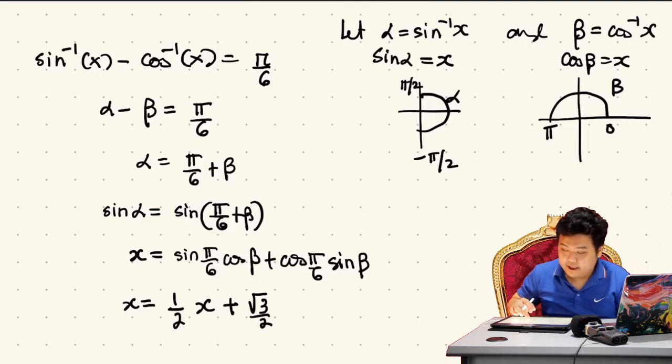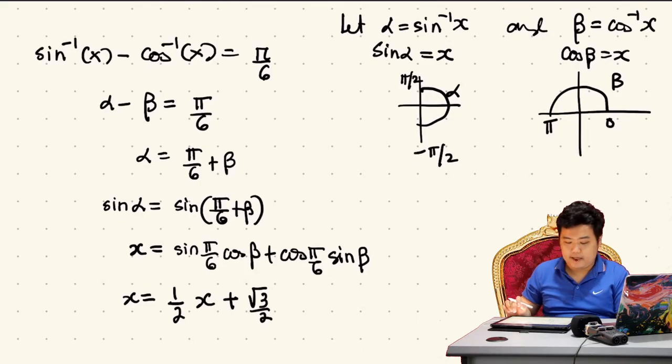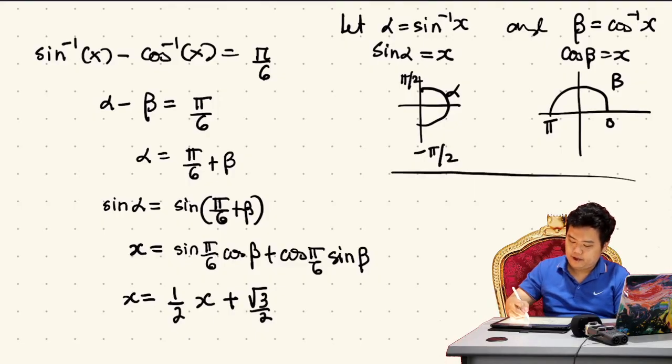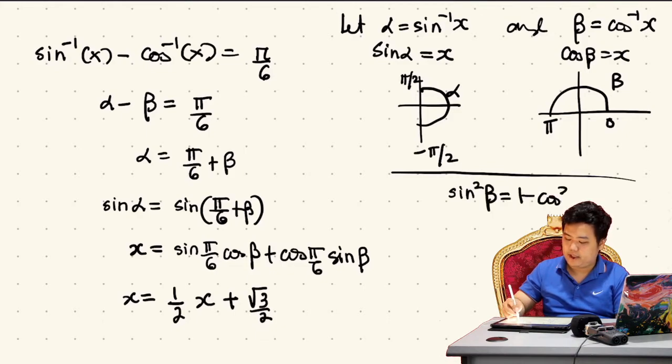And sine beta, hindi natin alam nasa yung sine beta. Wala tayong value nun. But we can compute using this one. So, gagamit lang tayo ng identity. So, sine square beta is equal to 1 minus cosine square beta.